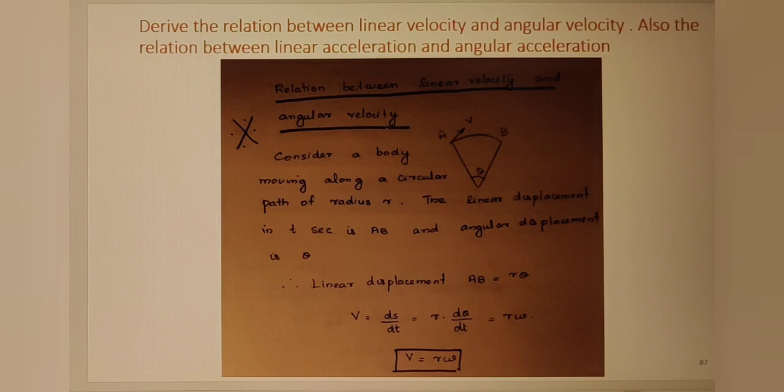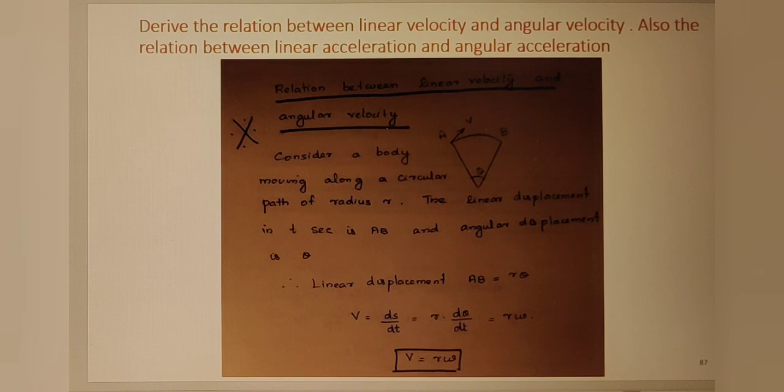Next is a very important derivation, that is the relation between linear velocity and angular velocity, and similarly the relation between linear acceleration and angular acceleration. To derive this relation, we consider a body which is initially at point A and moves to a new position B after time t seconds.